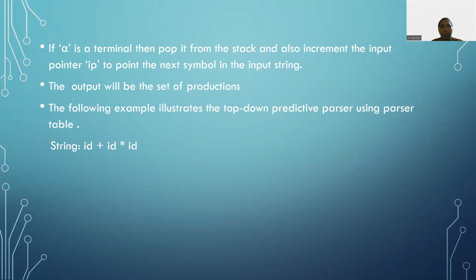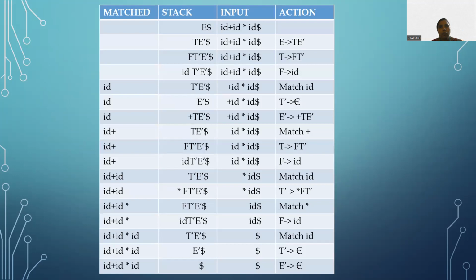The following example illustrates the top-down predictive parser using the parsing table. Now let us go for an example, ID plus ID into ID. Given the input string ID plus ID into ID, using the given parsing table, these are the various actions done by the predictive parser.